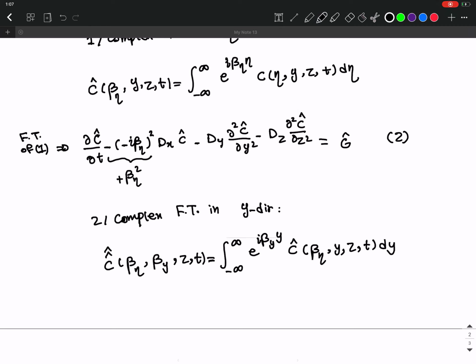So this is the complex Fourier transform of c hat in the y space. It's going to be in the beta y space here.